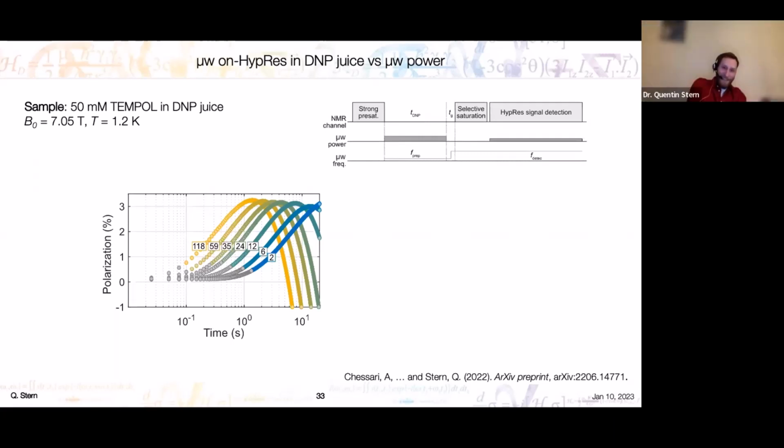I think we can completely neglect the effect of microwave directly on the electrons. Because remember that our microwave power is small and it saturates a very tiny part of the EPR line. So it decreases the electron polarization for these tiny parts, but it affects the whole line because of spectral diffusion.